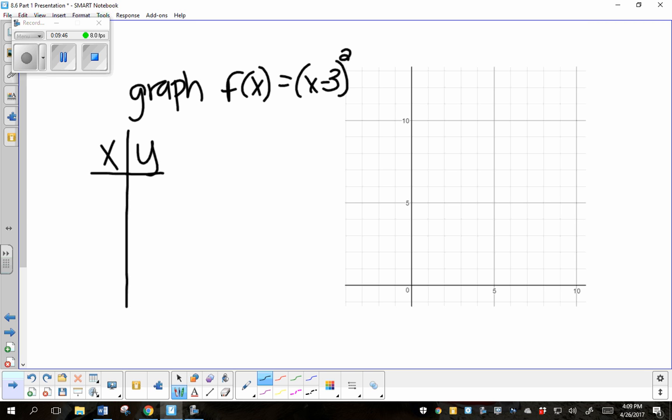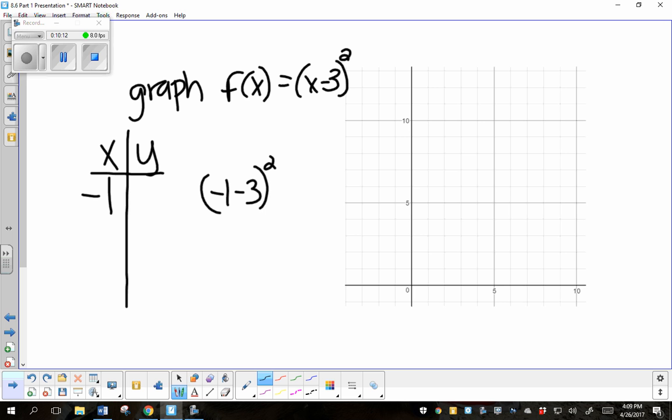Now, I know if I plug in numbers that are too small, like -3, I'm going to do -3 minus 3, that's -6. If I square that, that's 36. That is really big. So I kind of want to stay a little closer to home here. So let's try plugging in -1 for x. So if I plug in a -1, that means I'm doing -1 minus 3 and squaring it.